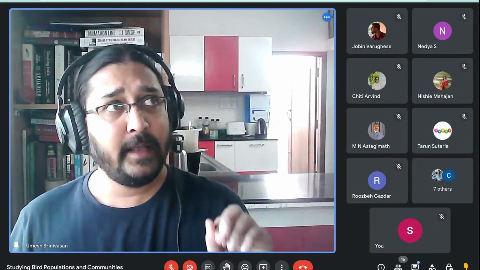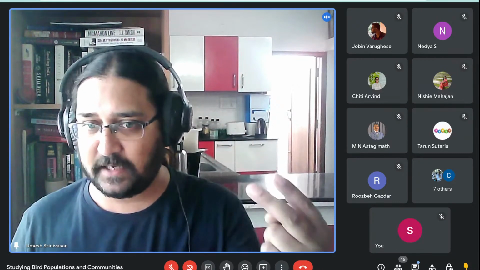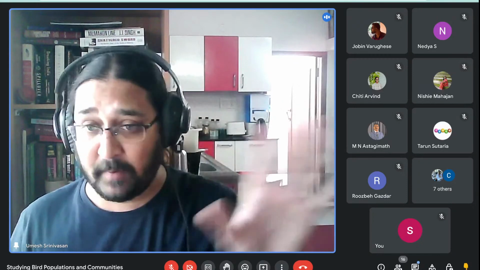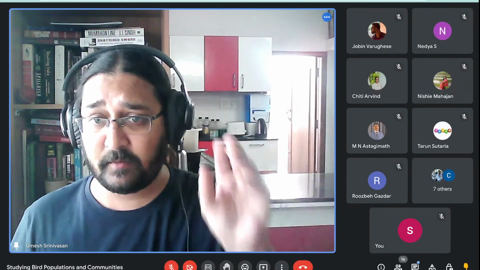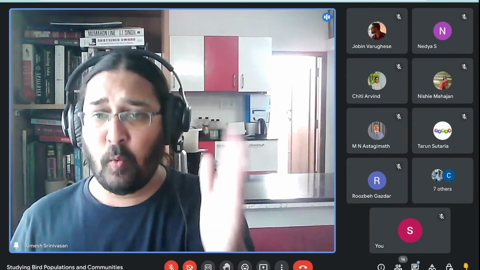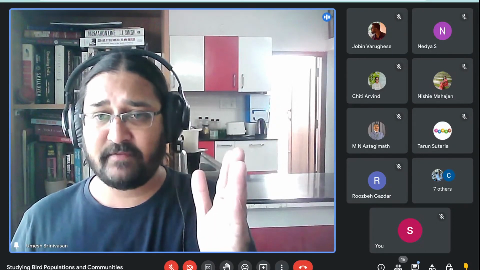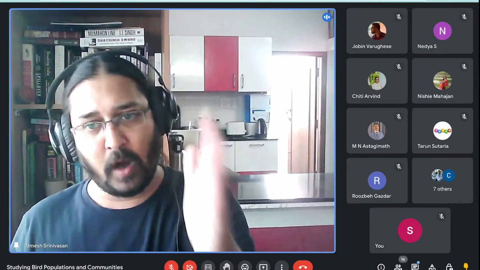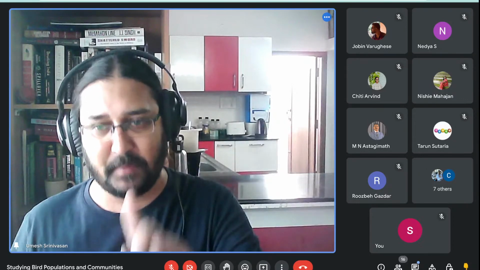If you've got two species, one of which is very conspicuous and one of which is very skulking, and both have equal abundances, but one is more detectable than the other. Let's say one is 10 times as detectable as the other. You walk the line, you'll have 10 individuals of species A, but only one individual of species B, because species B is inherently skulking.